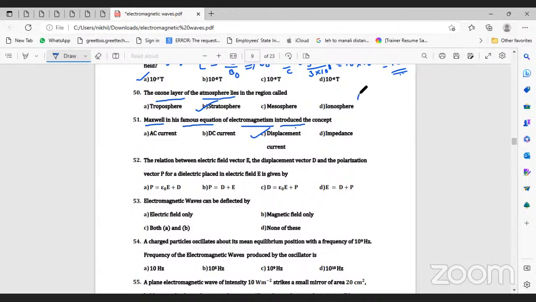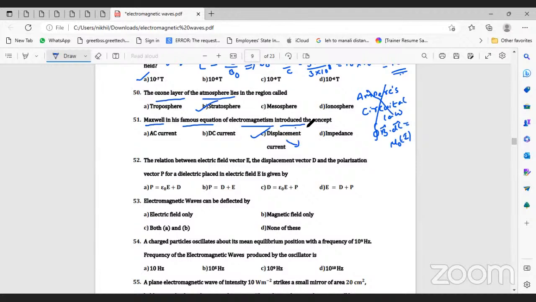Because you know that according to Ampere's circuital law, the line integral of the magnetic field over a closed loop is equal to mu naught times the total current enclosed by the loop. But this failed, and it was fixed by introducing the concept of displacement current.